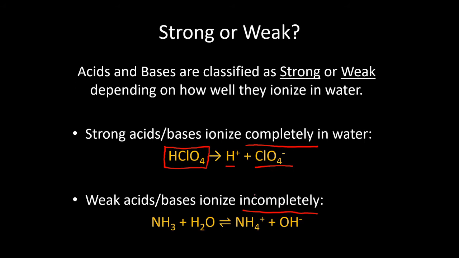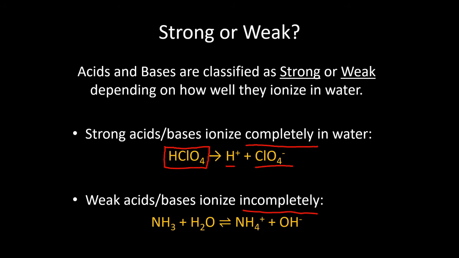Every single one. If you put a lot more than 100, they will also all completely break apart into H plus and ClO4 minus. All of the molecules will ionize, is what we call it, where they break apart into their 2 individual ions.